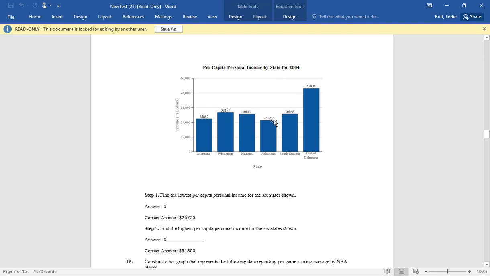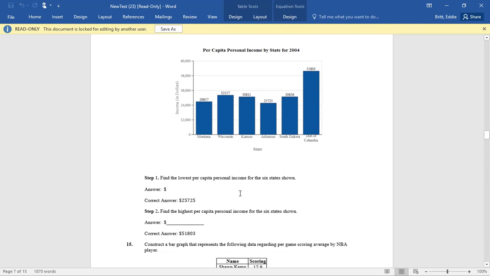So it'd be the one that's lowest, right? That's how you find the lowest. And that would be Arkansas, so 25,725. Step 2, find the highest income. That would be the bar that's the highest, 51,803. And then it says construct. Oh, wait, that's it. Never mind. All right, that was number 14.